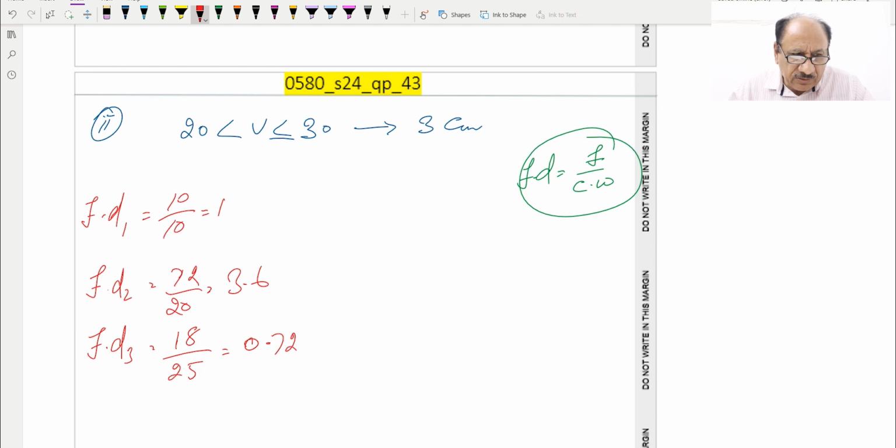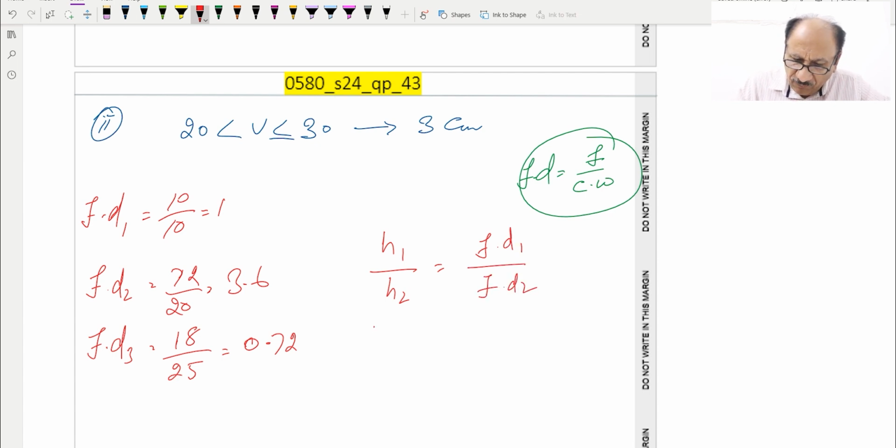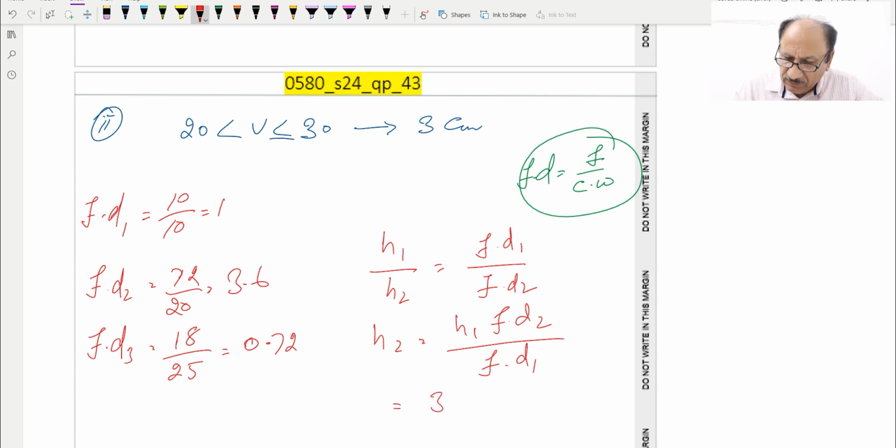Now they're saying calculate the height of each of the other two bars. One bar is given, so for example the ratio of height 1 over height 2 is frequency density 1 over frequency density 2. Making H2 the subject, H2 is H1 into FD2 over FD1.